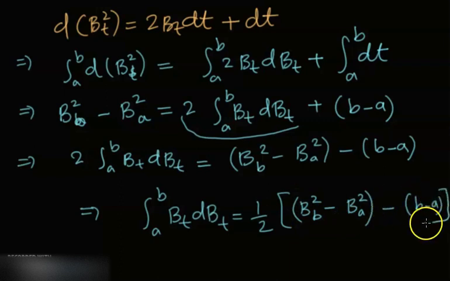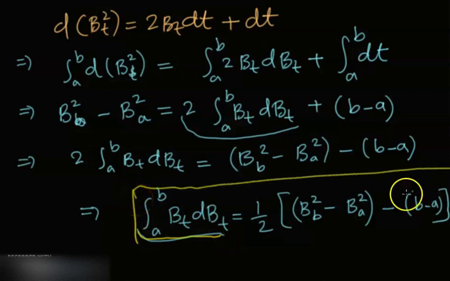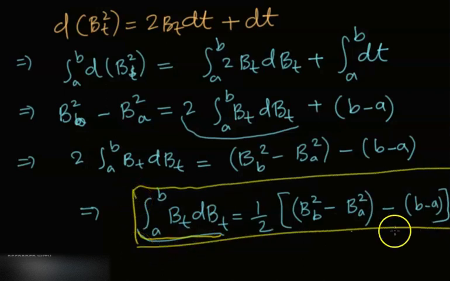So you have computed this nice Ito integral, which we have already seen as an example in the previous videos, but now using the simplest version of Ito lemma we can compute the Ito integral of a Brownian motion with respect to Brownian motion.